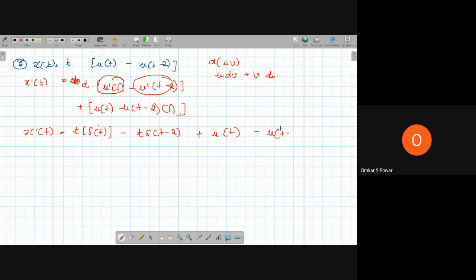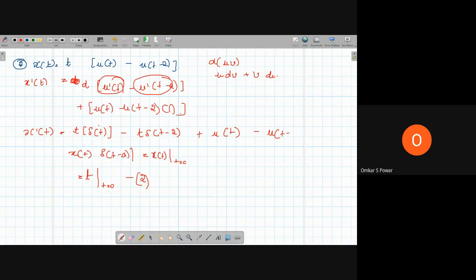So previously I have told you that x of t into del of t minus a is equal to x of t at t equal to a. So x of t at t equal to 0 is equal to minus 2, because x of t at t equal to a.